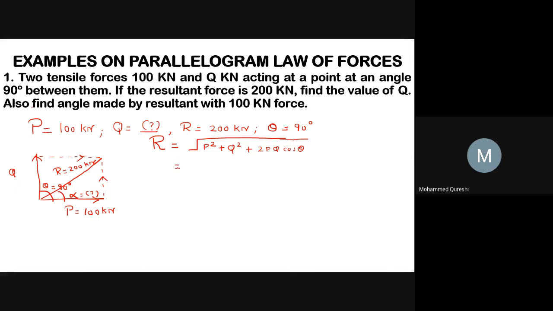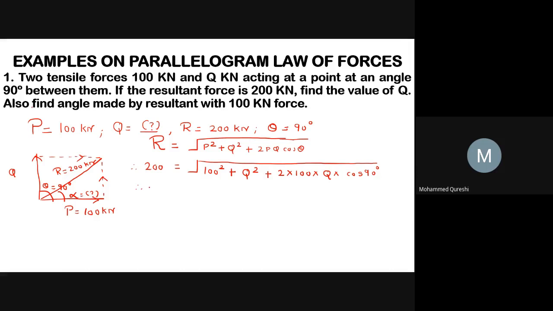Now we will put in the values given in the statement. The value of R is given as 200, equals under root of the value of P, given as 100 square, plus the value of Q, which is unknown and we have to find this value, so we will simply write Q square, plus 2 into 100 into Q into cos 90.